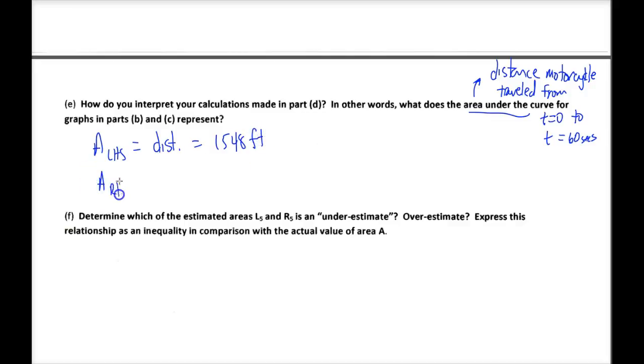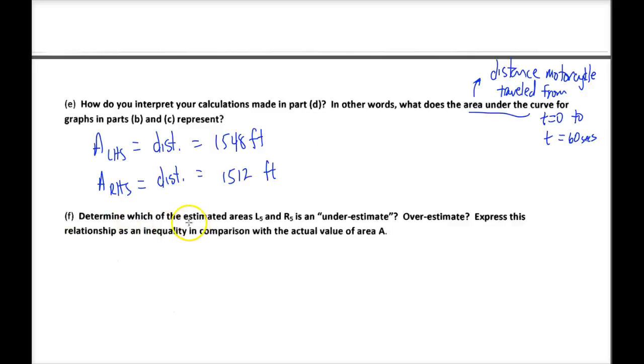And of course, the area under the curve for the right-hand estimate is also going to be distance, and that's going to be 1,512 feet. Okay, and so of course we just know it's just the distance that was traveled.